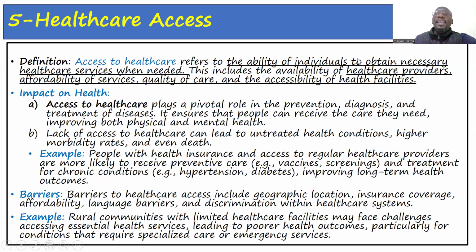So this includes the availability of healthcare providers. That is, in your area, are there enough doctors, enough nurses? Affordability of services. Yes, the services might be there, but are they cost effective? And the quality of care, is it good? Yesterday, you were talking about the issues related to quality. And lastly, the accessibility of health facilities. Are they close to you or far?